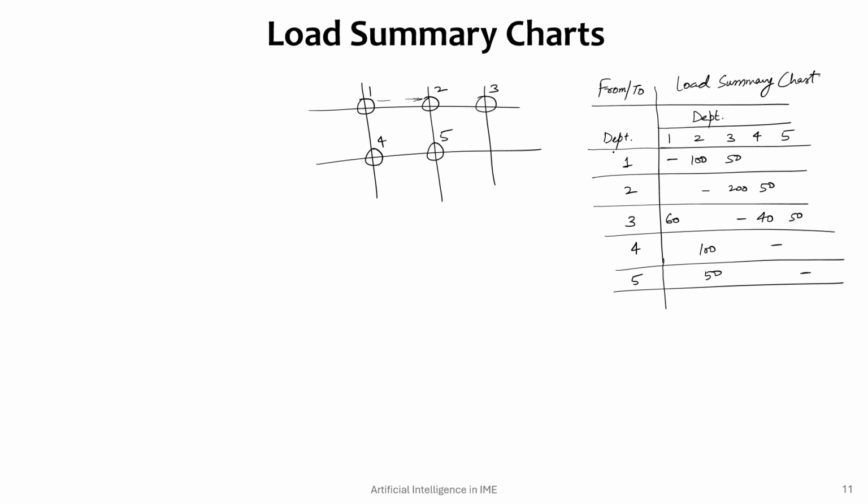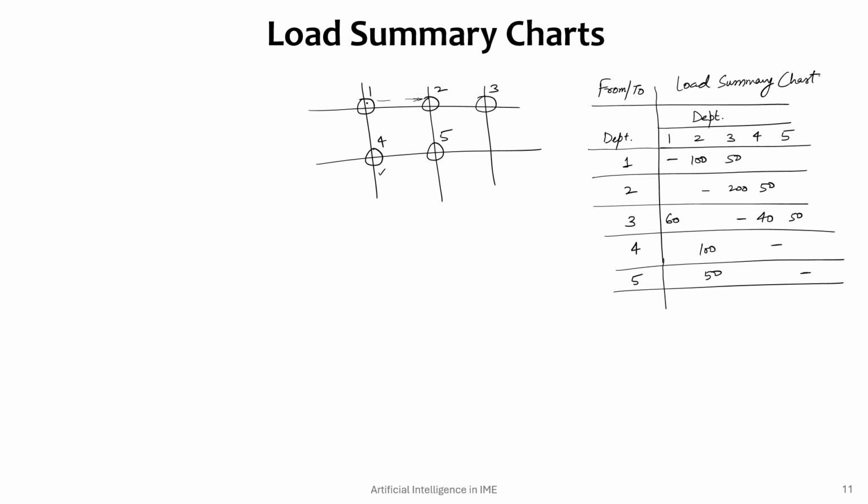What information we are getting here is, let's say you have historical data and you have tracked the loads between two consecutive departments. You can easily summarize your whole operations between your departments in this chart. Now we will utilize this chart to create a better allocation of departmental resources in your space layout.